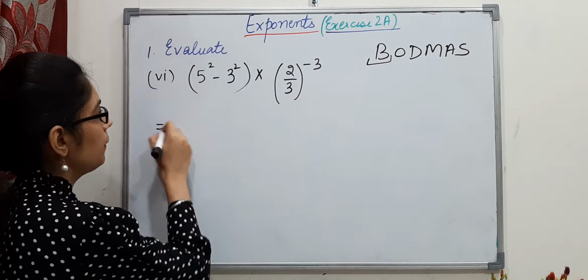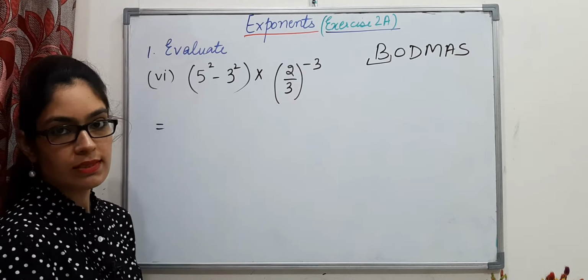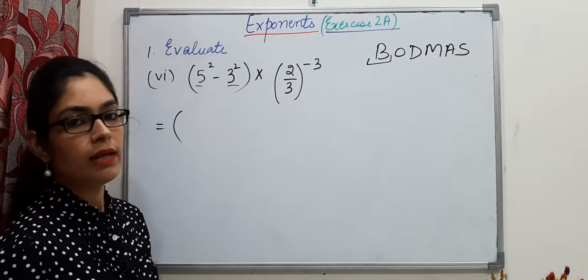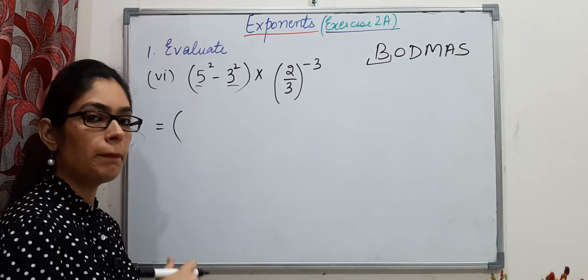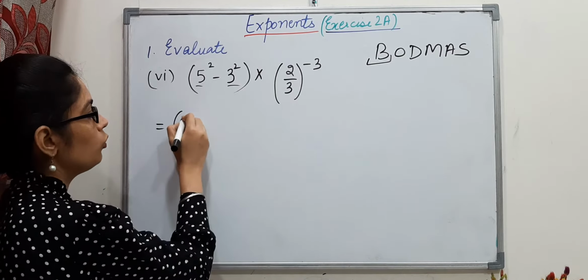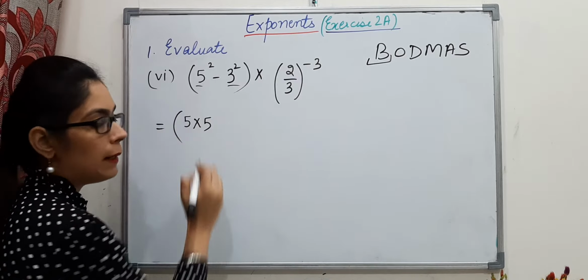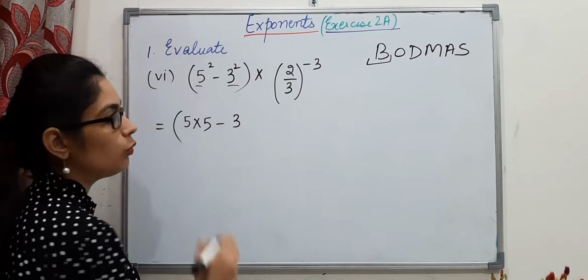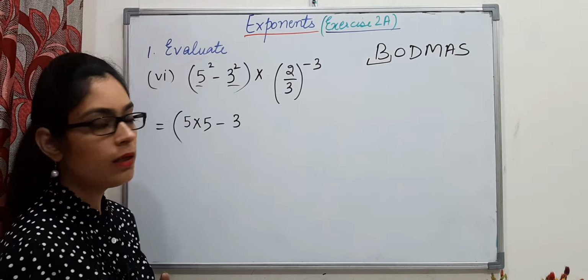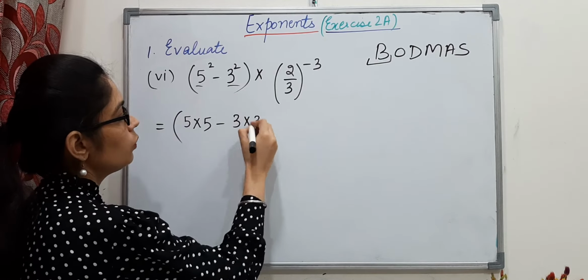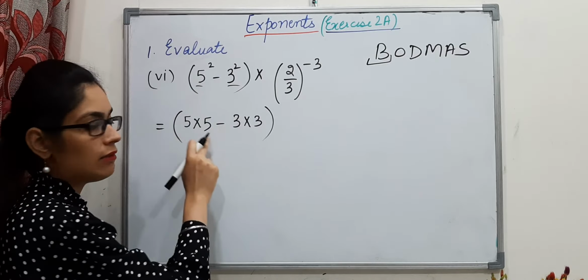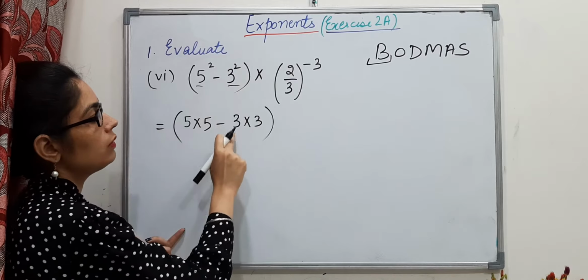So let's start. In this bracket we see the bases are different. So we have to solve it the way we have done in the previous question. So 5 to the power 2 means 5 will get multiplied by itself 2 times, minus 3 to the power 2 means 3 will get multiplied by itself 2 times. So 5 to the power 2 means 5 into 5, and 3 to the power 2 means 3 into 3.